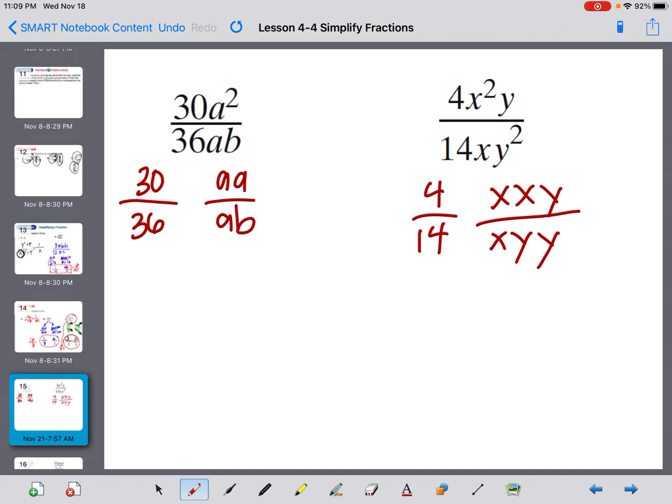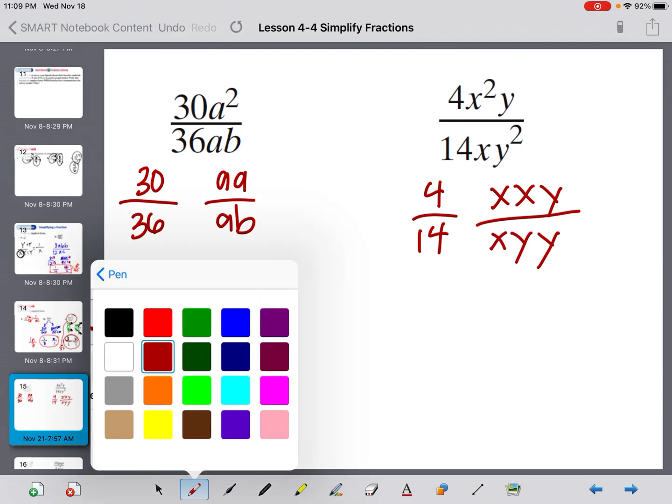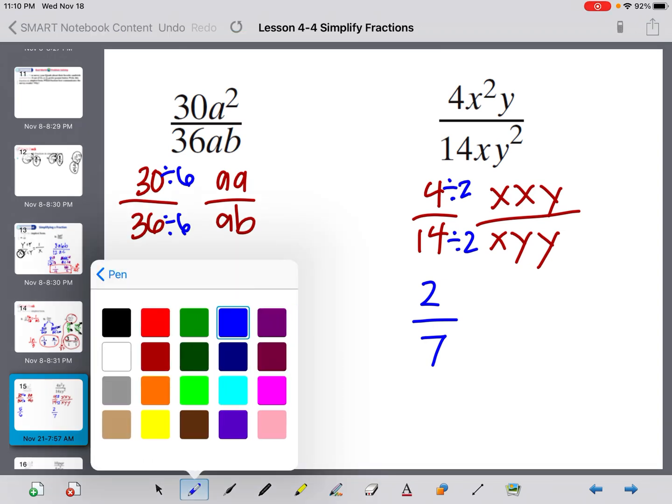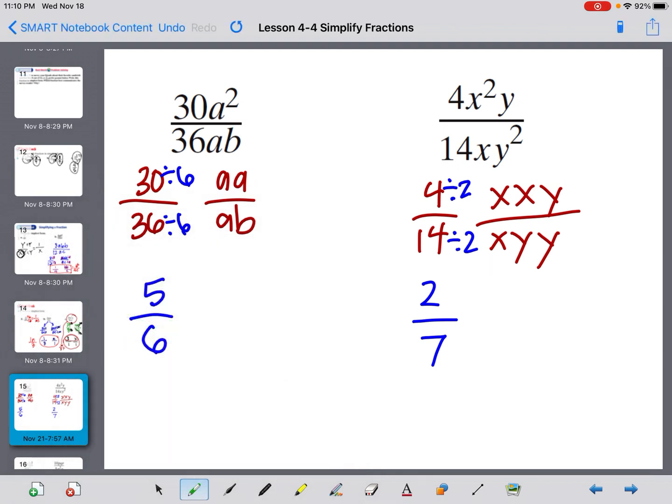I always hear people say, well, I'm not good at math, I can't do this. Every single person can separate the numbers from the variables. Also, you've been simplifying numbers in fractions for a very long time. So start with that. Then look to see what variable is in common in the top and the bottom.